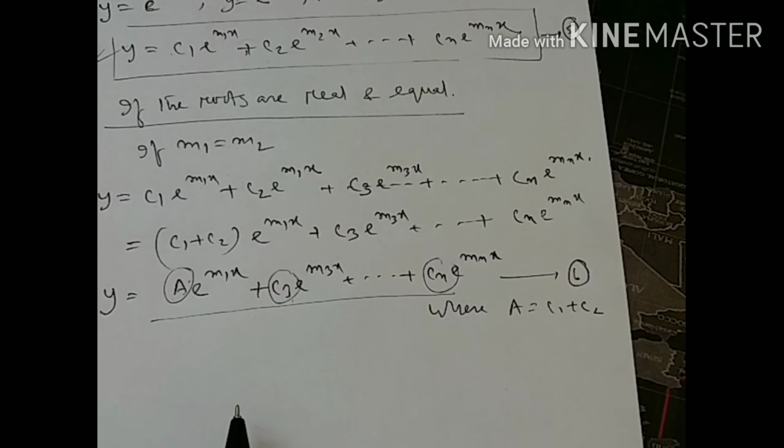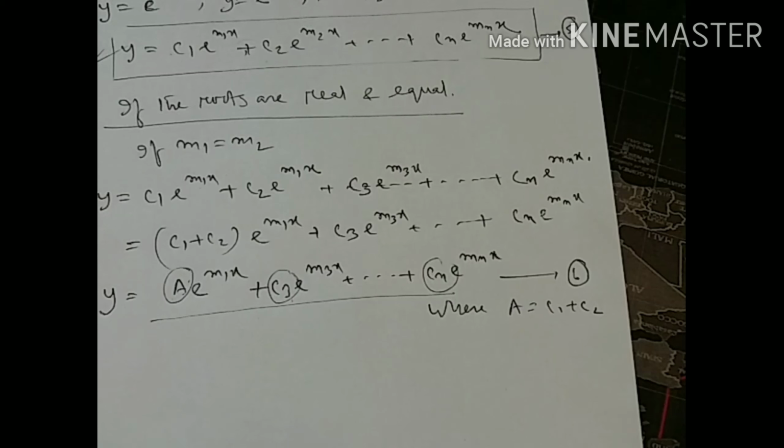These are n minus 1 arbitrary constants, but not n. So the complementary function of the first equation, that is f(D)y equals X, must contain as many arbitrary constants as the order of the given differential equation.